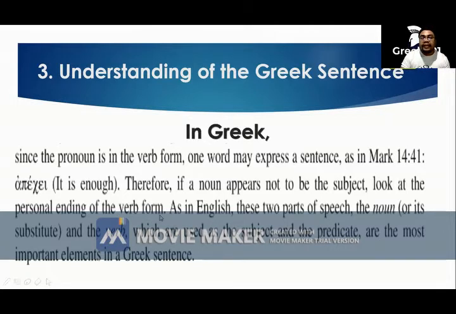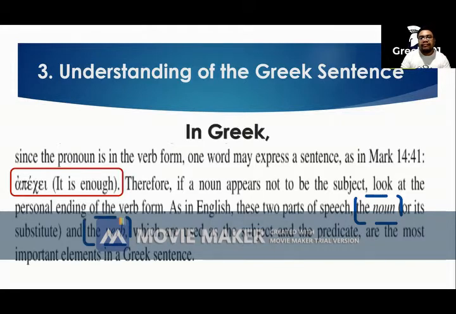So you look at the ending of the verb and you will know which is the subject. So in English, there are two parts of speech: the noun or its substitute, which is a pronoun, and a verb, which are used as the subject and predicate, and are the most important elements in a Greek sentence. So the noun or its substitute and the verb are very important in a Greek sentence.